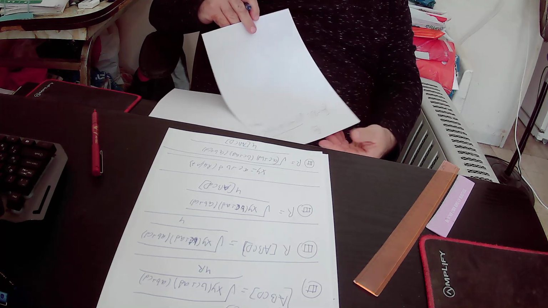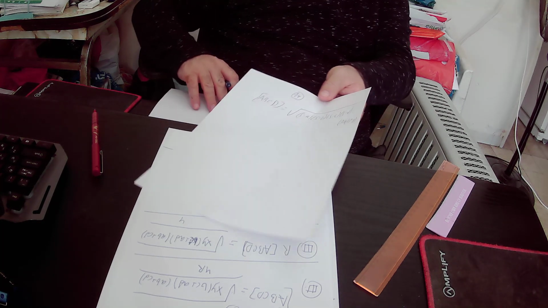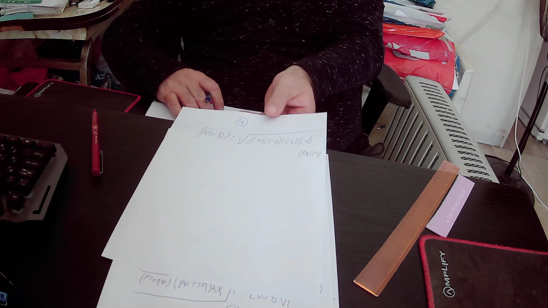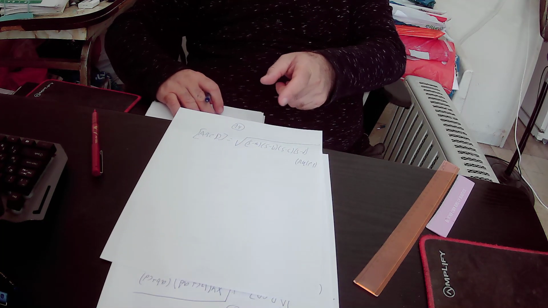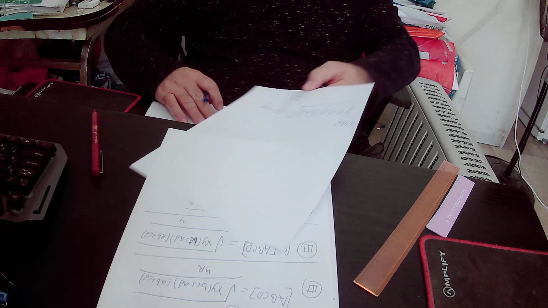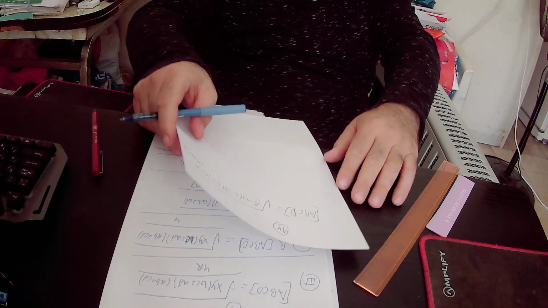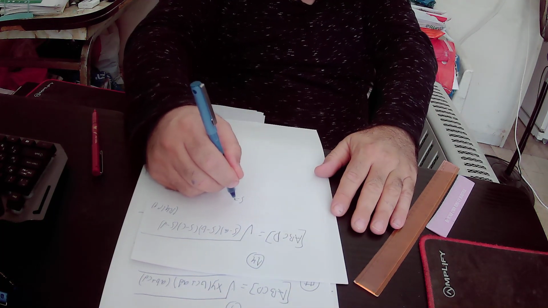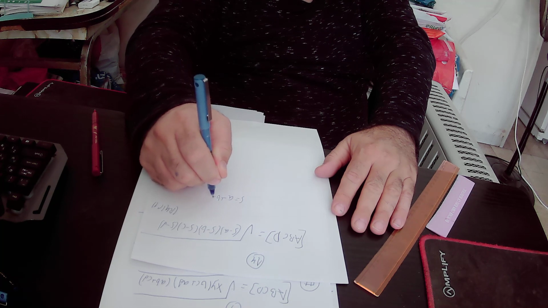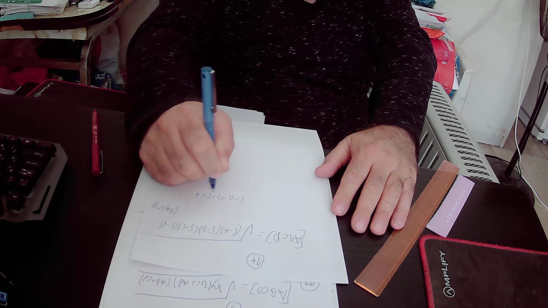The area of quadrilateral ABCD that is inscribed in a circle equals this expression, when S equals A plus B plus C plus D over 2.